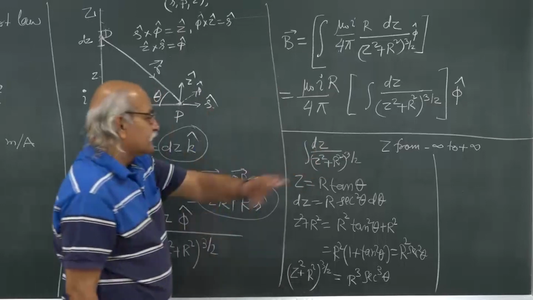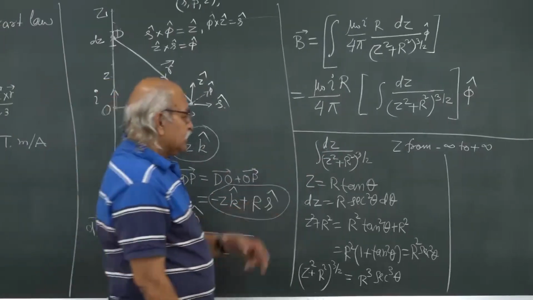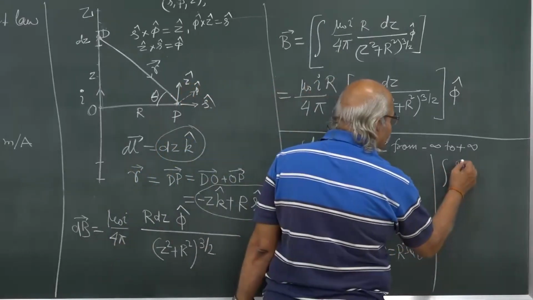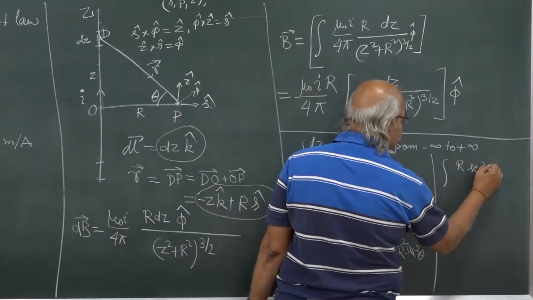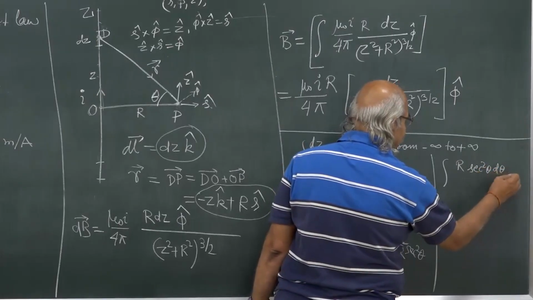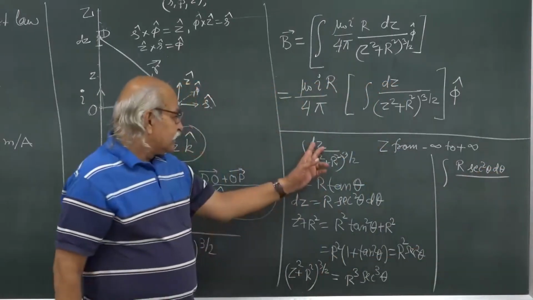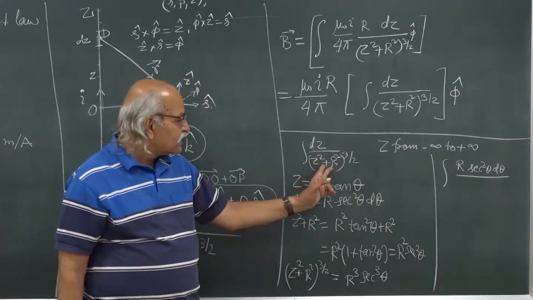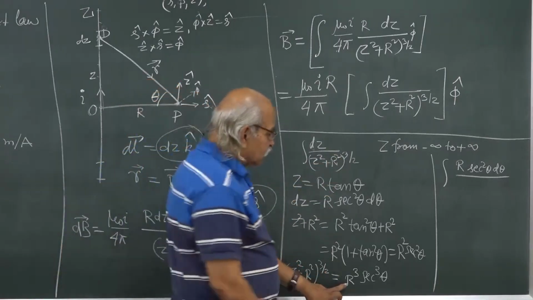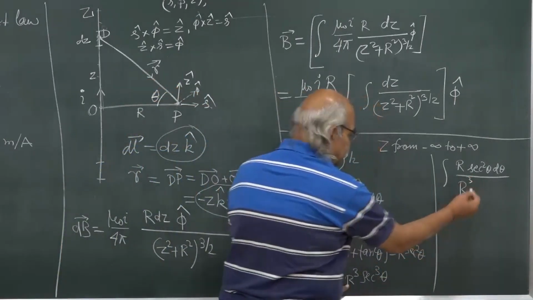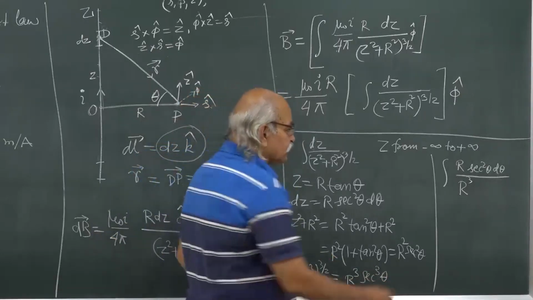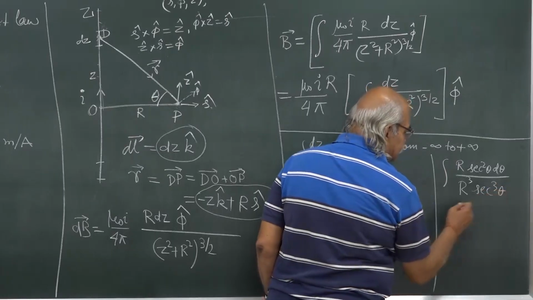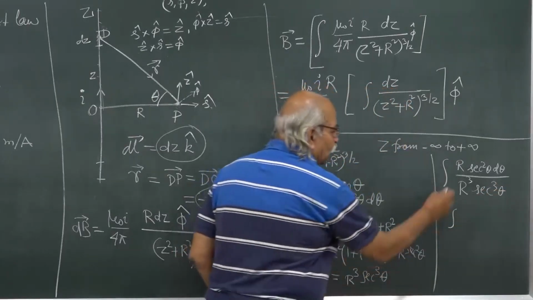Put everything here and see what happens. dz is r sec square theta d theta. Z square plus r square to the power 3 by 2 is capital R cube sec cube theta, and that leaves 1 by r square.